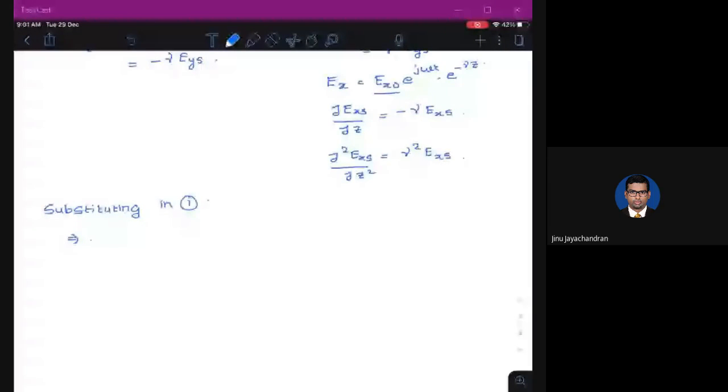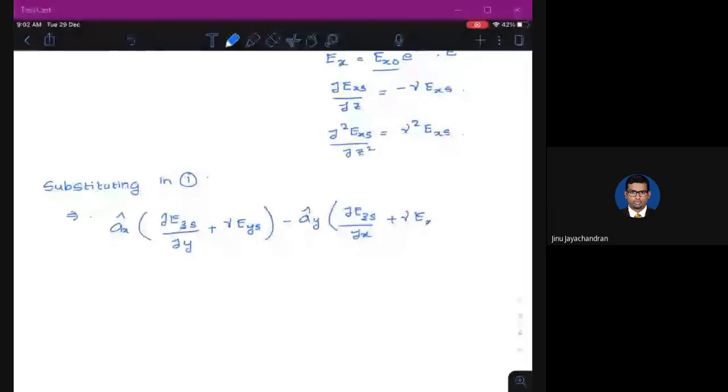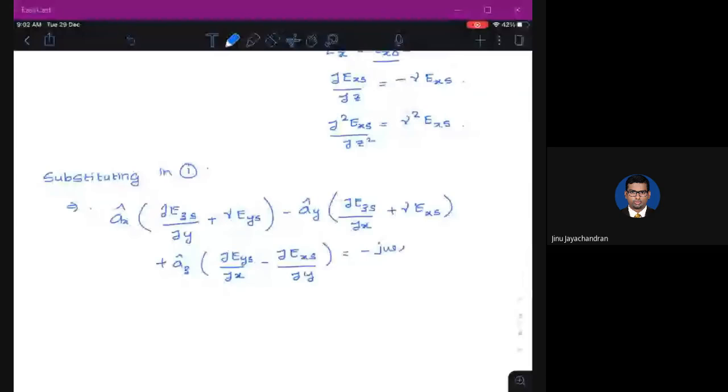So I can write ax cap into dou EZS by dou y plus gamma EYS, minus ay cap into dou EZS by dou x plus gamma EXS, plus az cap into dou EYS by dou x minus dou EXS by dou y is equal to minus j omega mu into HXS ax cap plus HYS ay cap plus HZS az cap.